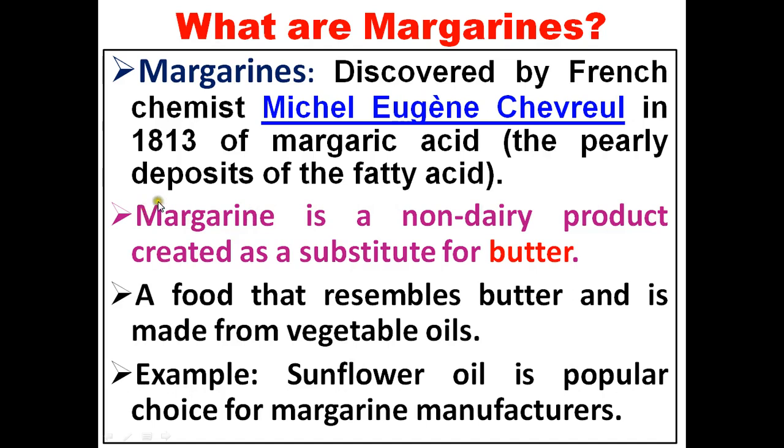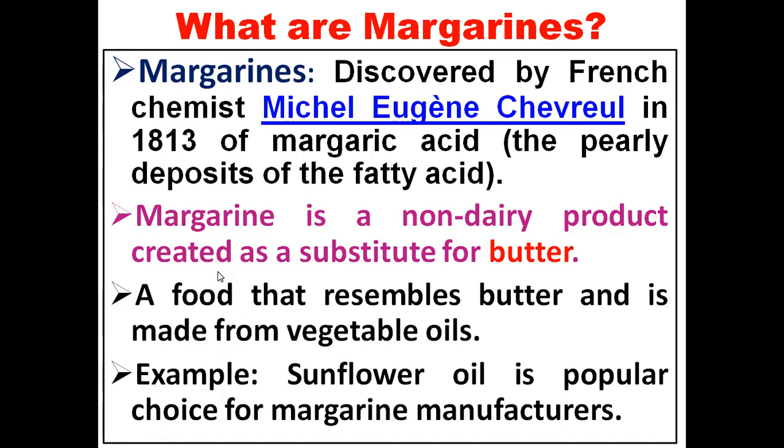In other words, we can also say that margarine is a non-dairy product created as a substitute for butter, and a food that resembles butter and is made from vegetable oils we can call margarine. These are the different definitions we can give for margarines.